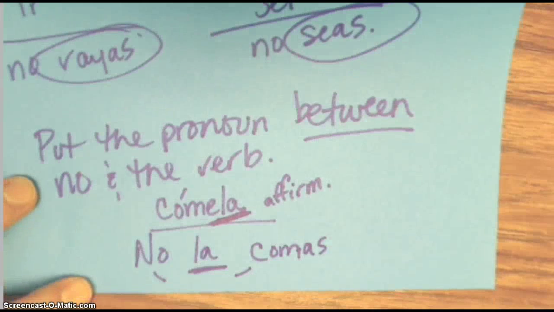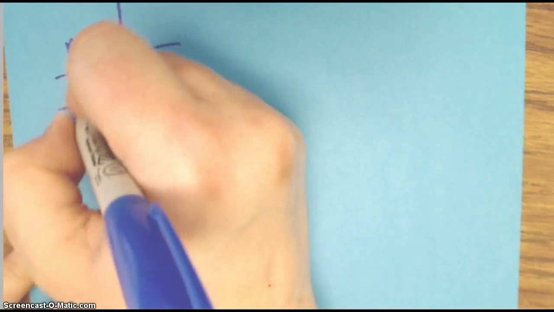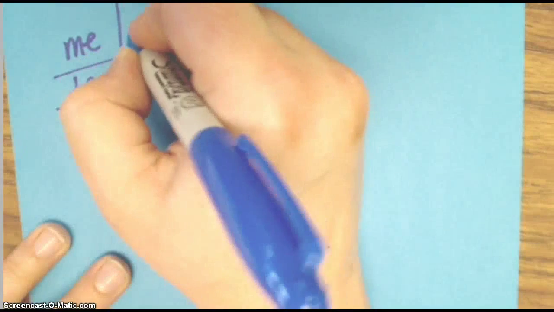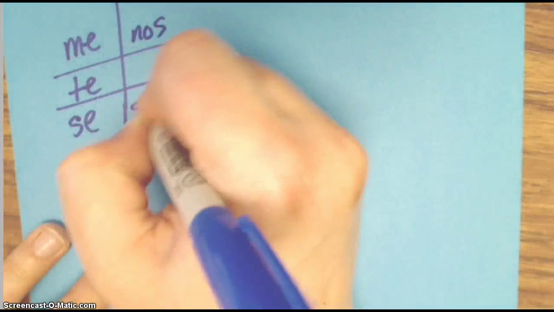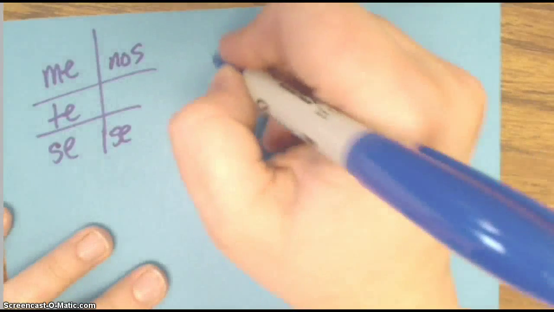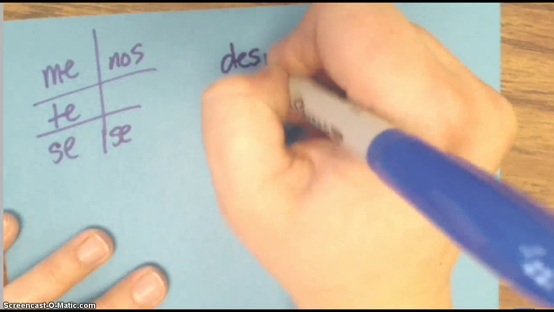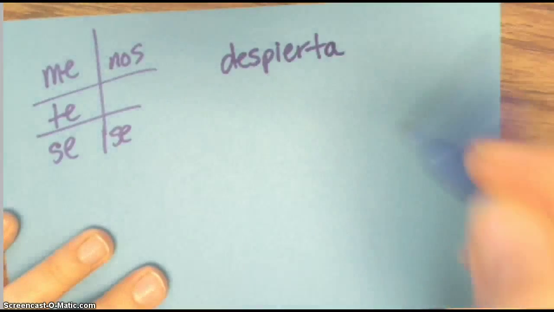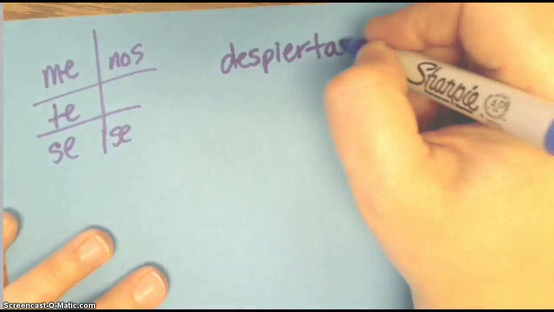Okay? Moving on. So I've been talking a lot about direct object pronouns like lo and la and los and las. Those are going to happen a lot. But we've also got the reflexive verbs. So I could also say wake up and don't wake up. So let's try that. These are both in the tú command form, okay? So wake up would be despierta, because it's despertarse. And I'm telling it to you.